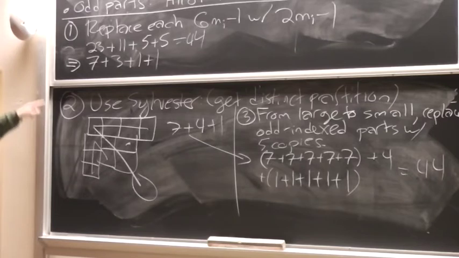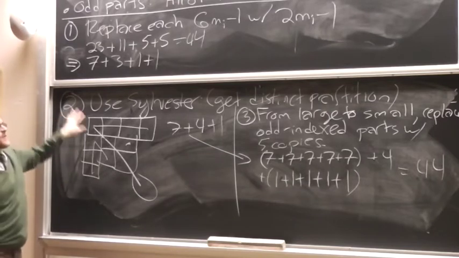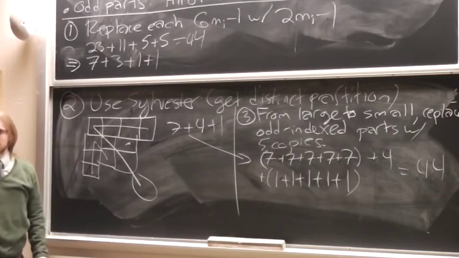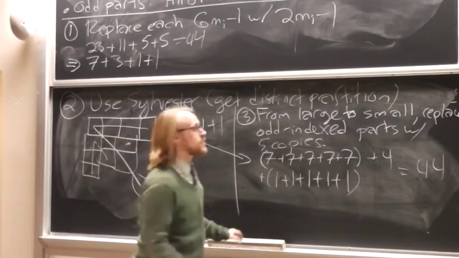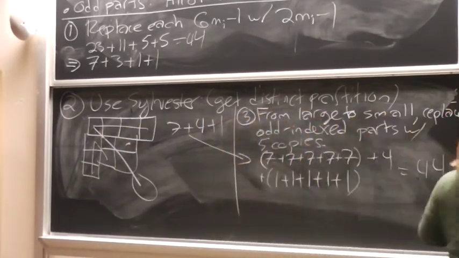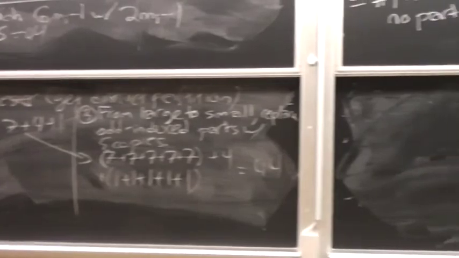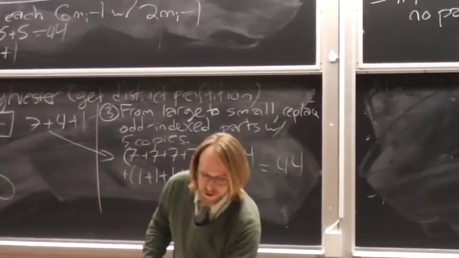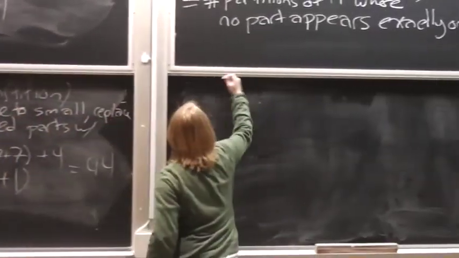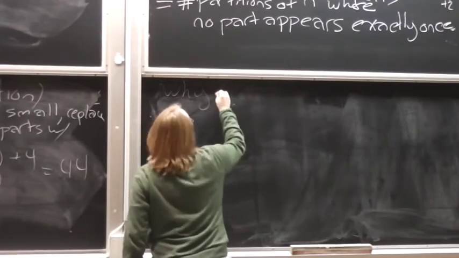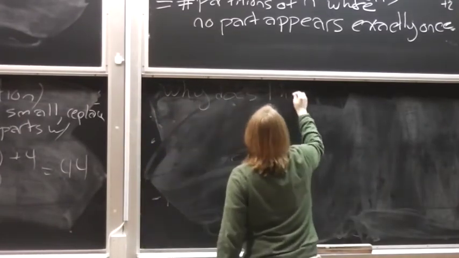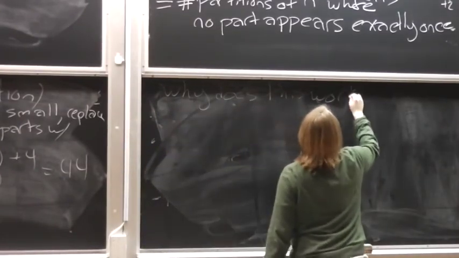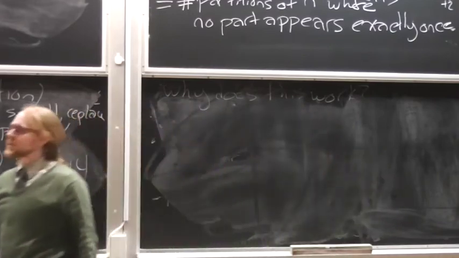On first glance, there's something magical going on here: we start here, we go someplace up, we do something to get back to 44. And so why does this work?